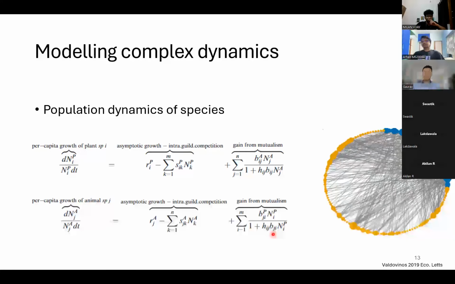Again, these coefficients are fixed. They do not change over time.